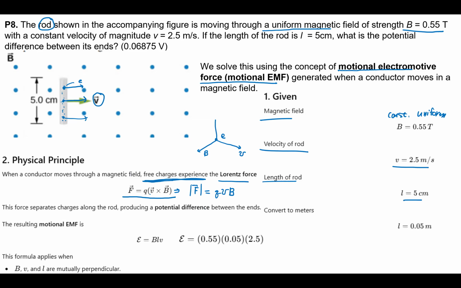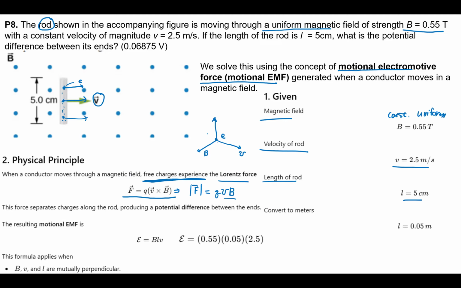And then the magnitude is qvB, and v cross B will move the charge. If it is a negative charge, then the force will be in this direction, upward.